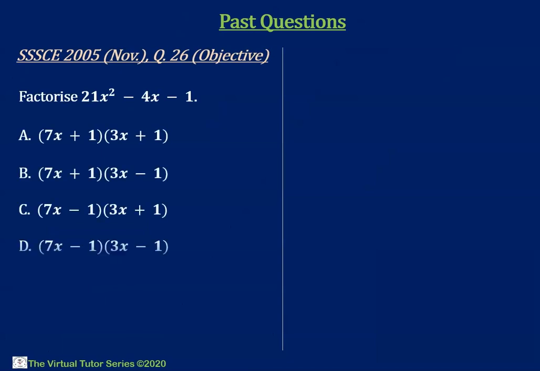SSSCE 2005 Novdec, Objective Question 26. Factorize 21x squared minus 4x minus 1. Solution.